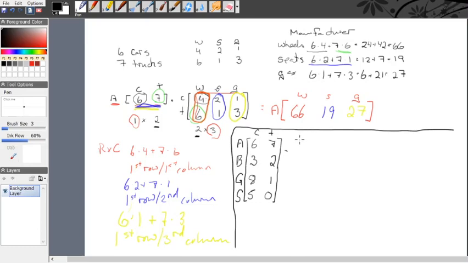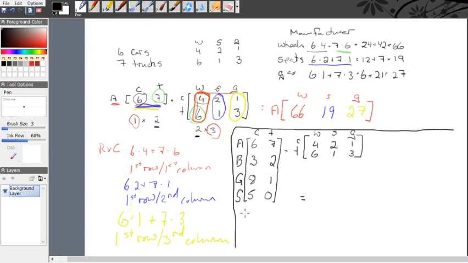Well, we're going to copy the wheels, seats, gas tanks matrix over. Can you see how this is already becoming really more complicated to do by hand? Actually, hang on just a second. What have I got here?